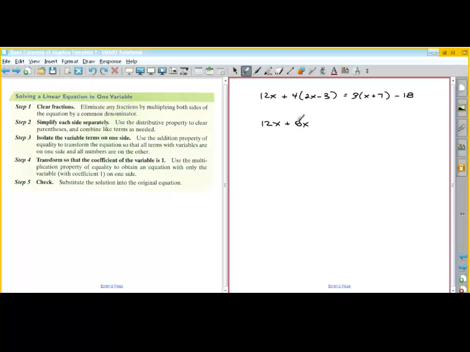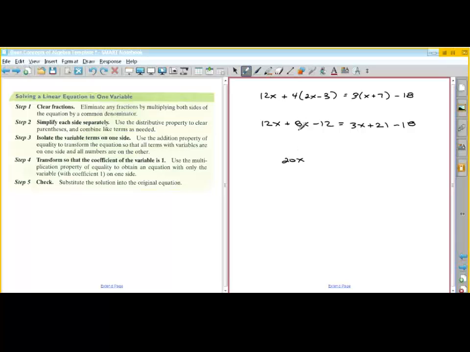Okay, so you multiply 4 times each one of these terms separately. Likewise, you take 3 and you multiply each one of those terms separately. So 3 times x is 3x, 3 times 7 is 21. And so once we've cleared the parentheses, we just continue on like we did last time.